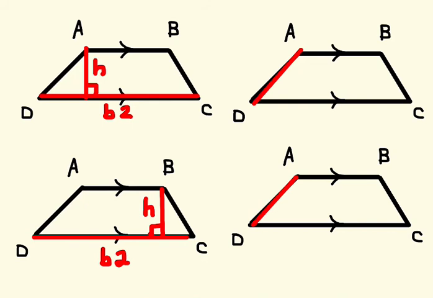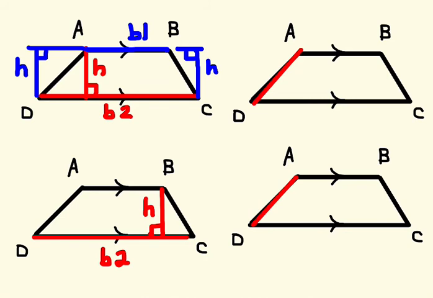Now, I can also, if I decided, stick with the left-hand side, if my base was AB and I wanted to drop down from C, I would extend AB, and I have another height here, okay? So this is another height with base 1, or I can extend base 1 like this and drop down from, or up from D and get another height. So this is also a height.